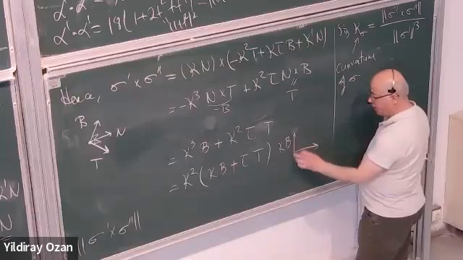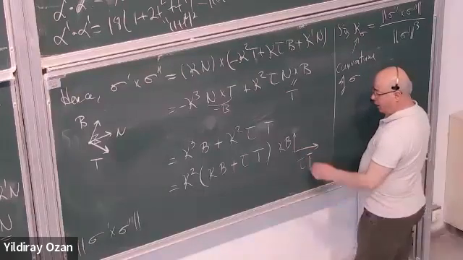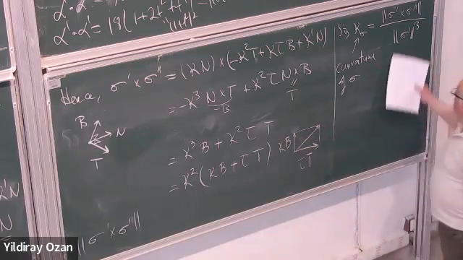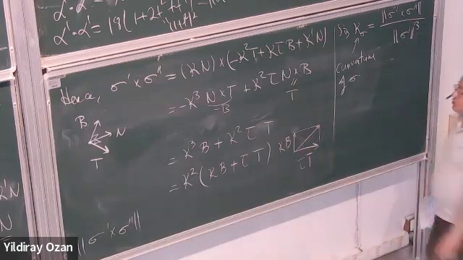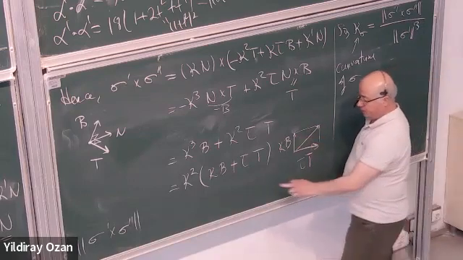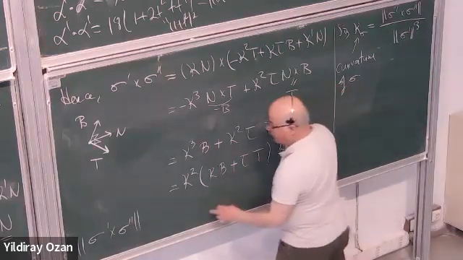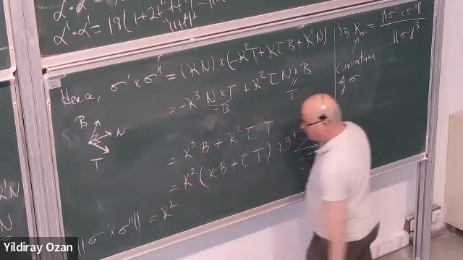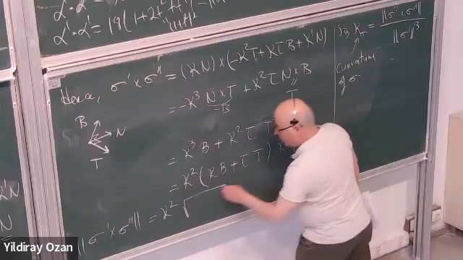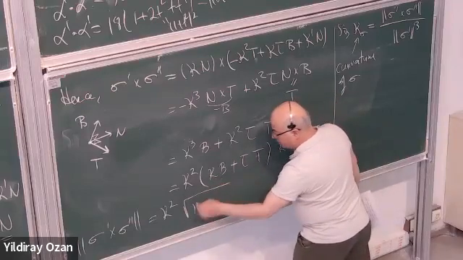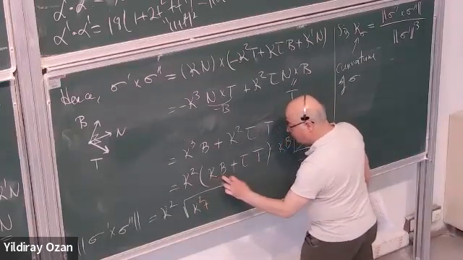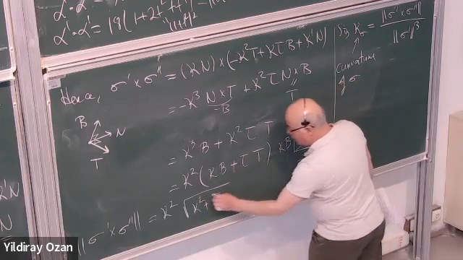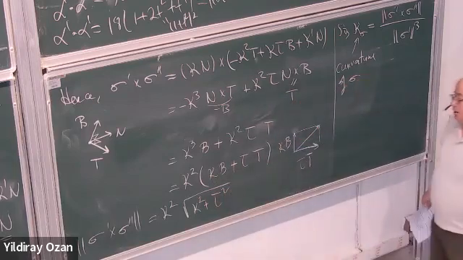So this is a right triangle, and I would like to find the norm of this. From the Pythagorean theorem, it is just the norm of this vector. So this is a positive number, I just keep it, and then the length of this vector squared, kappa squared, the length of this vector squared, tau squared.